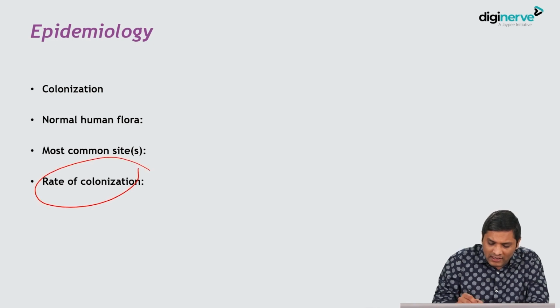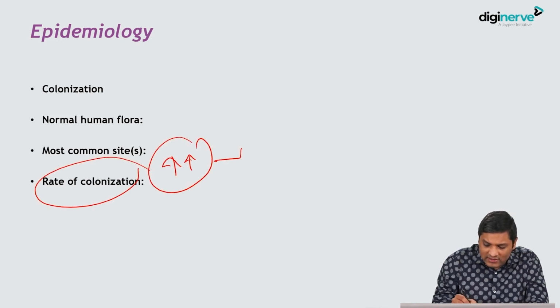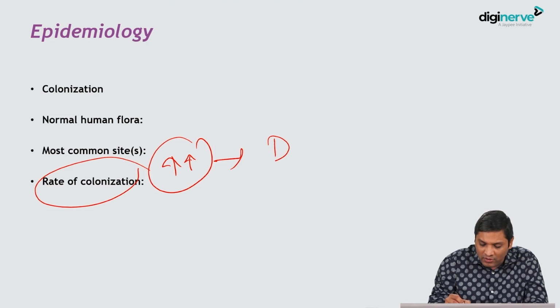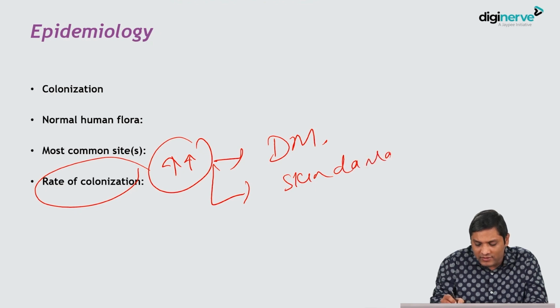The rate of colonization may vary depending upon the risk factors associated. So remember that a higher rate of colonization has been reported in diabetic patients, individuals with skin damage, individuals with skin lesions.